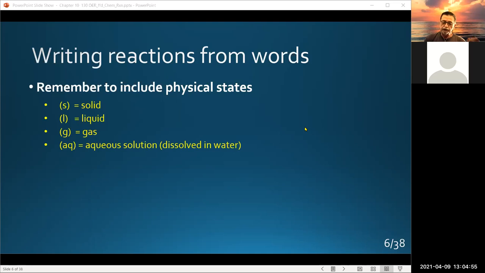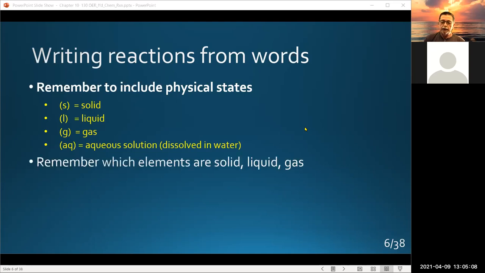And so those are the letters we use, as we know by now, hopefully: s for solid, l for liquid, g for gas, and then aq, meaning it's an aqueous solution. It's a water solution. Remember the elements that are solid, liquid, and gas, and then especially remember the ones that are diatomic, and there's only 7 of them. Have no fear of ice cold beverage.